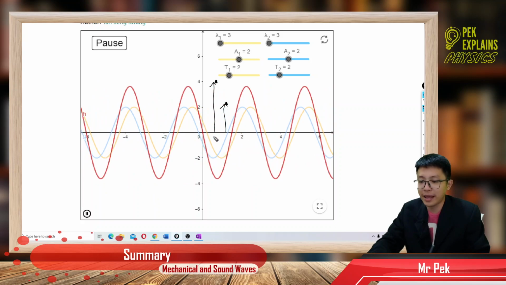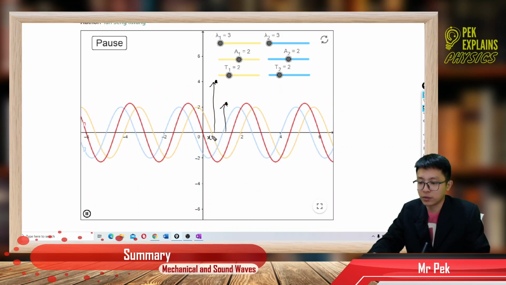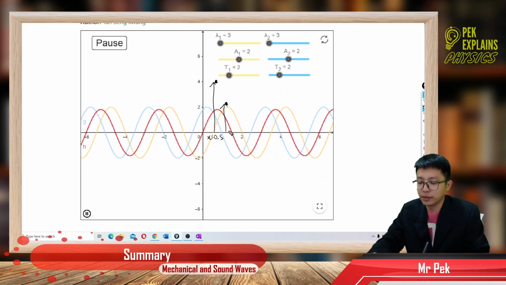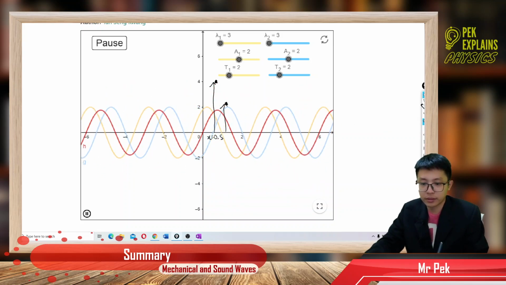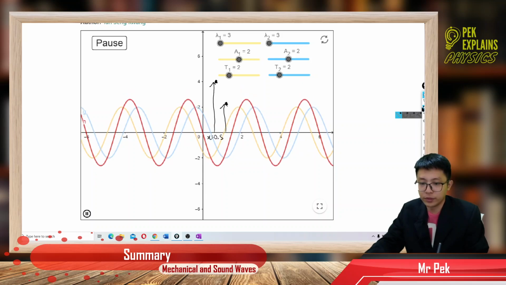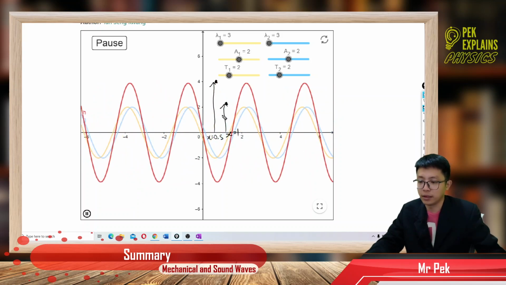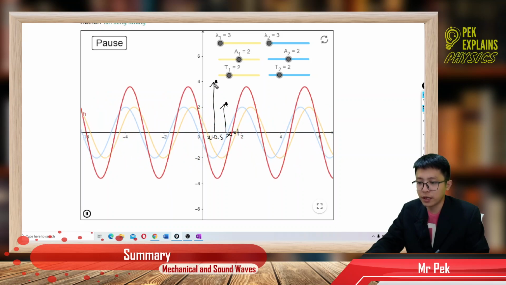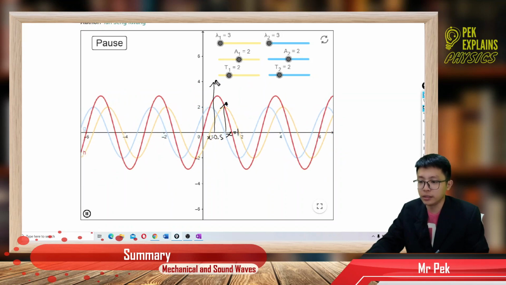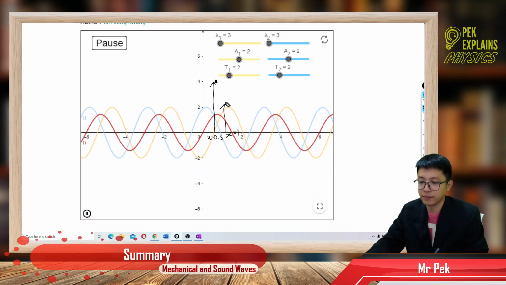So we can say different x. Maybe this is x equal to 0.5. This one x equal to 1. This particle with x equal to 0.5 can reach this amplitude, but x equal to 1 can only reach this amplitude. Do you see that?